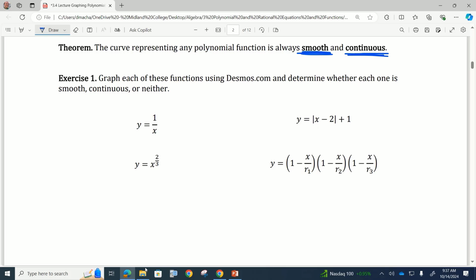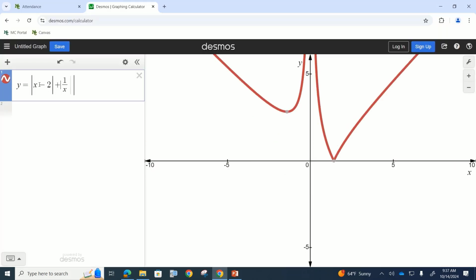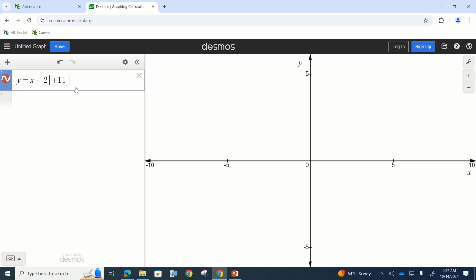What about the next function, the absolute value of x minus 2 plus 1? Try that again. y equals absolute value of x minus 2 plus 1. There we go.